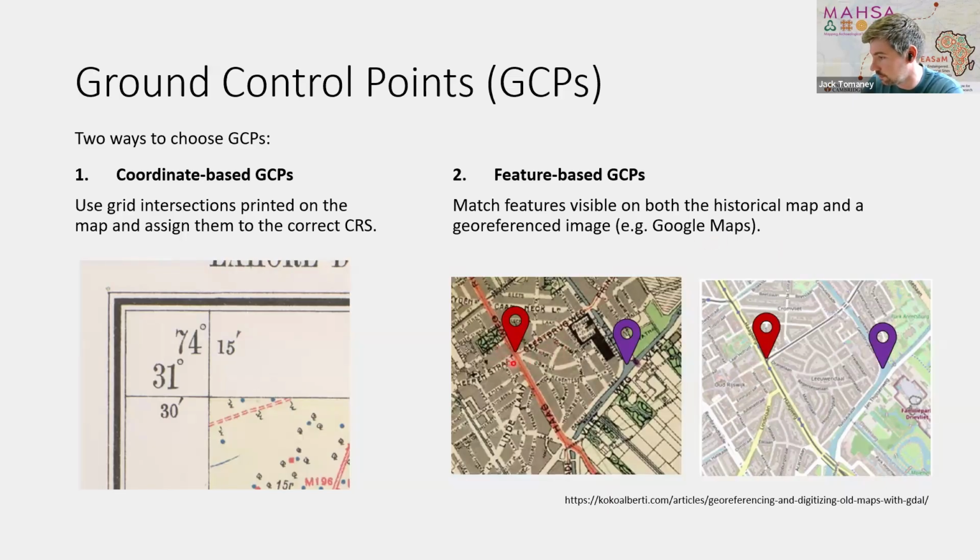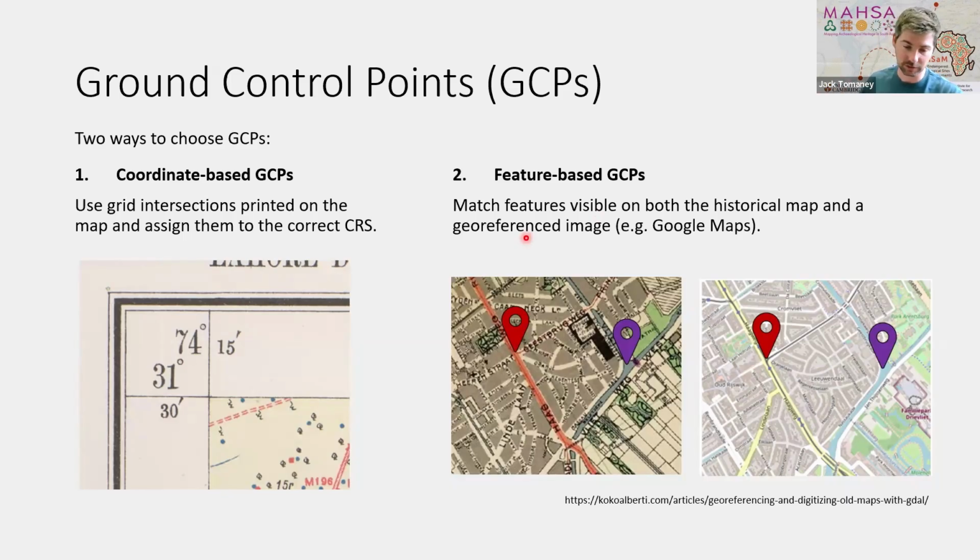So you can see on this historic map, this red mark here is this crossroad that still exists today on OpenStreetMap. And similarly with this purple spot, which is a bend in this canal where it splits or joins, is still on OpenStreetMap today. So by tying these 2 locations together, we can confidently say that the historic map should sit in this location.